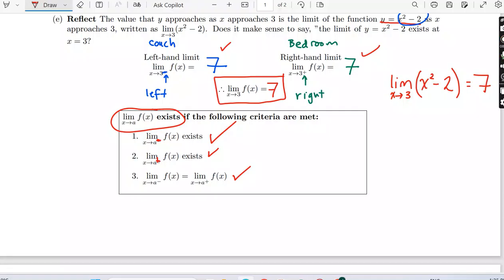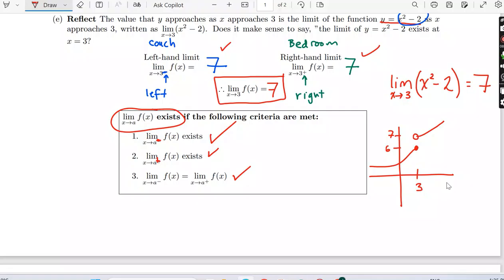Okay? So a scenario where it doesn't exist might be, this is just a very rough example. Let's say I'm just going to draw something like that, and then something like that, and then let's use the same numbers. Let's say this is 3, this is 6, this is 7.